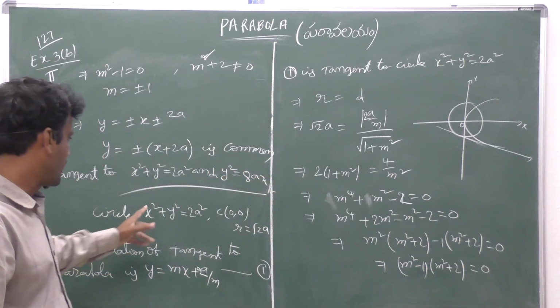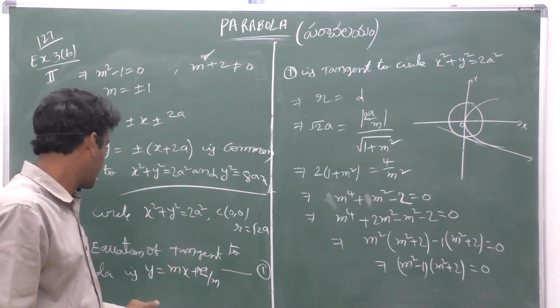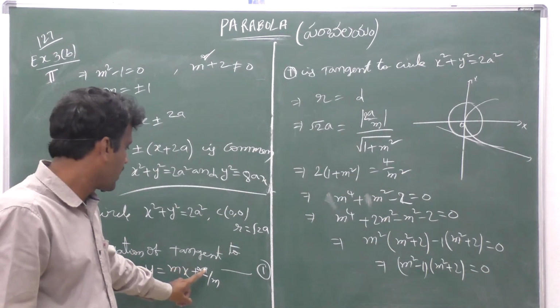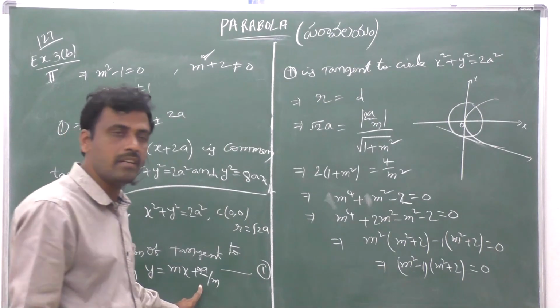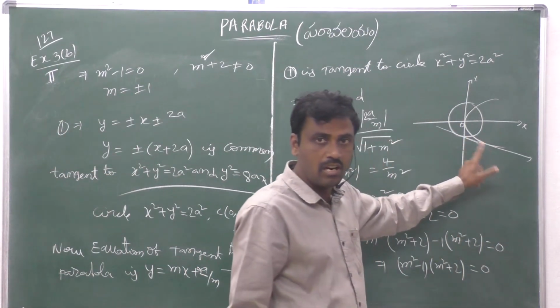Okay, given circle, center, radius, given parabola y square equal to 8ax, the parabola tangent equation is y equal to mx plus c. C means a by m. Here a is 2a. That is also tangent to the circle, circle and parabola common tangent.